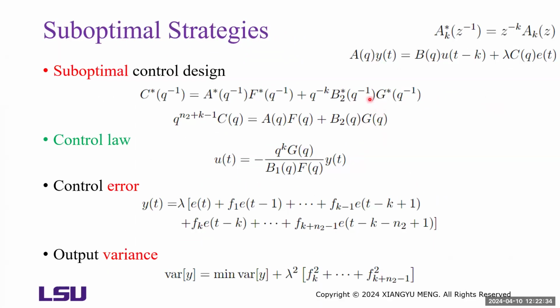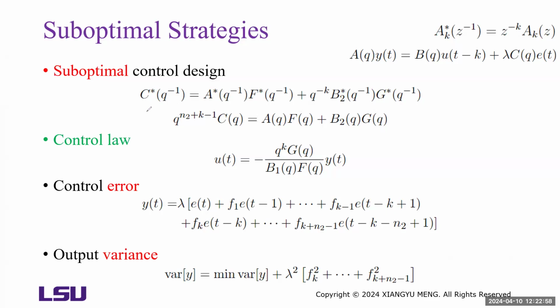Again, let's convert the reciprocal polynomials C star, A star, F star, B2 and G into C, A, F, B2, and G. Again, we'll use this relationship. We know C is a polynomial of order n.